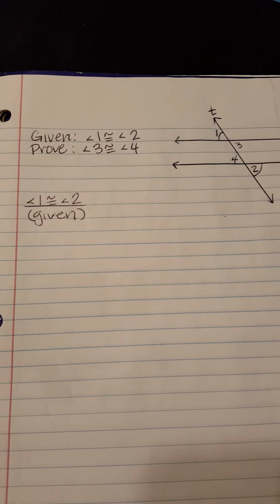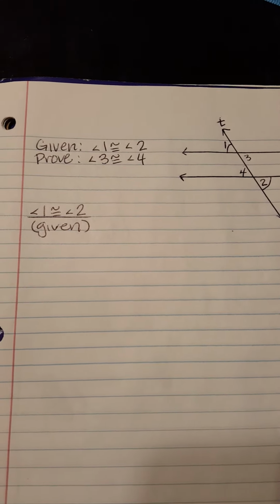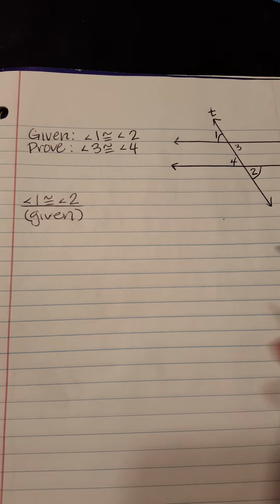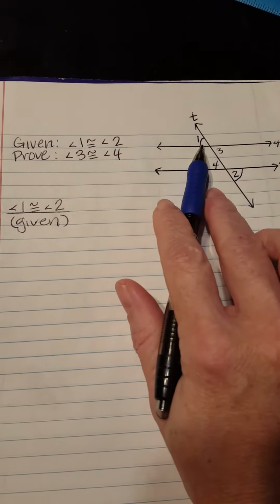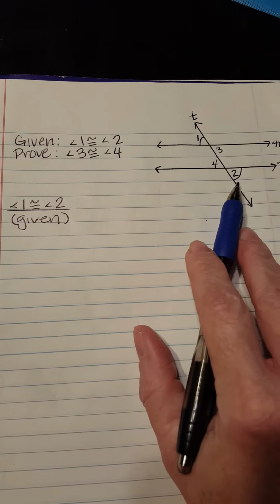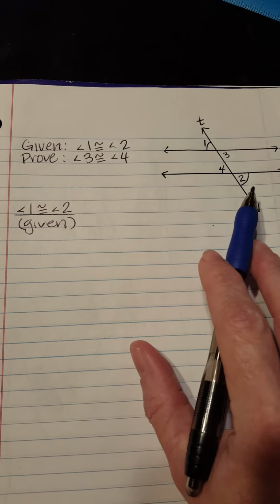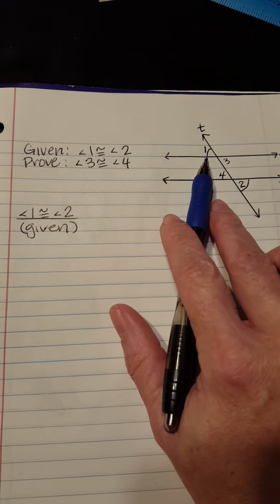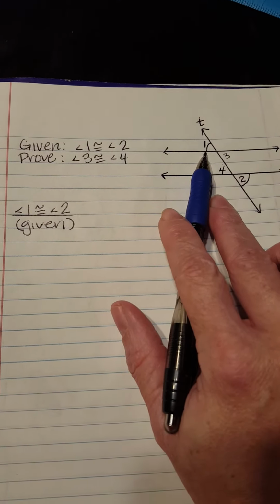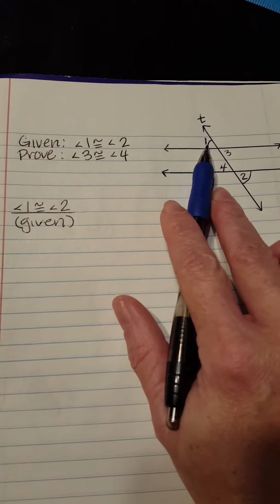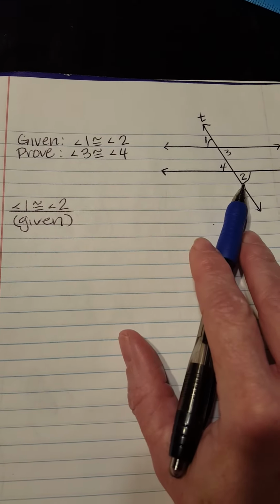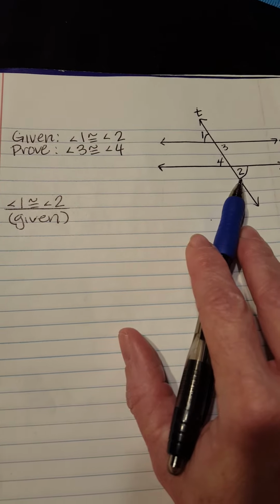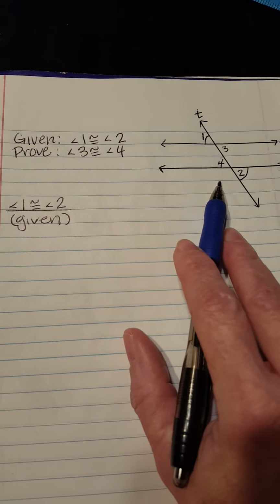But since we're dealing with the converse theorems and parallel lines and transversals, we want to see what we can do with those. So let's look first at our given, angle 1 is congruent to angle 2. Looking at that, I can see that they're a pair of alternate exterior angles, and you'll recall that we have a converse of the alternate exterior angles theorem that says that if two lines are cut by a transversal so that a pair of alternate exterior angles are congruent, then the lines are parallel.